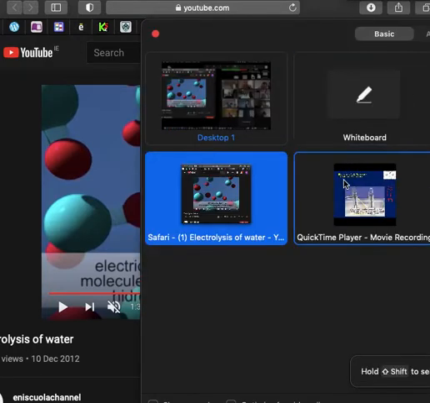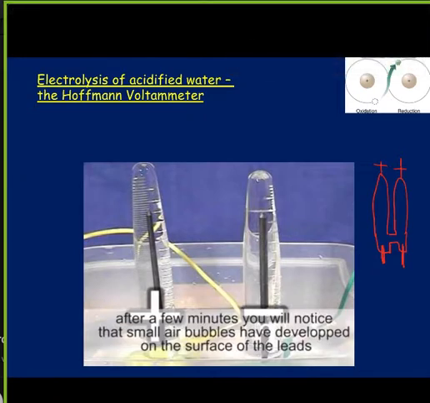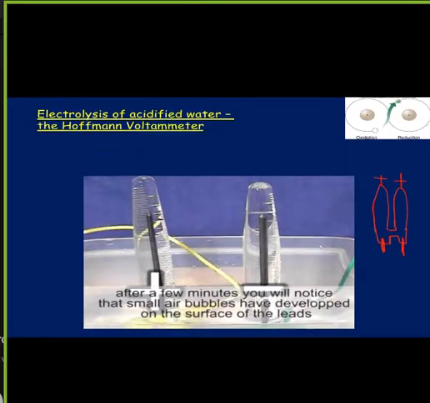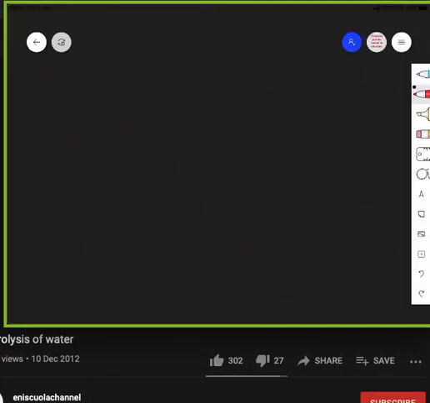Okay, so we go back to here. Now we have a slightly more difficult one to figure out in terms of cathode and anode reactions, but we're going to try. My electrodes here are going to be the inert version.